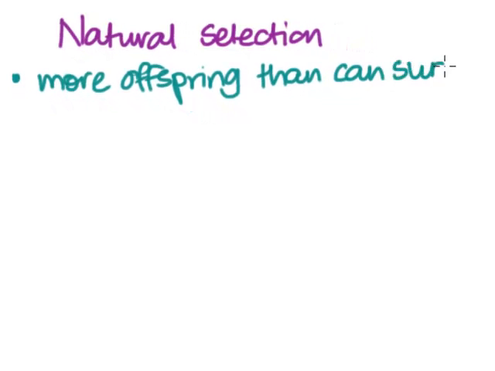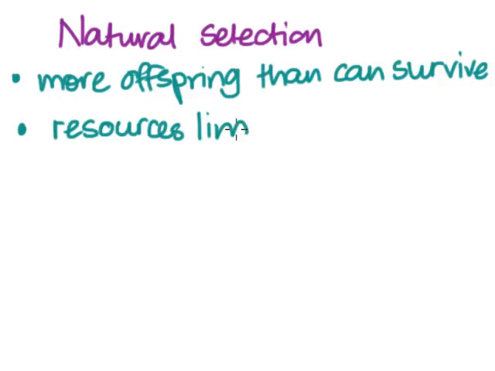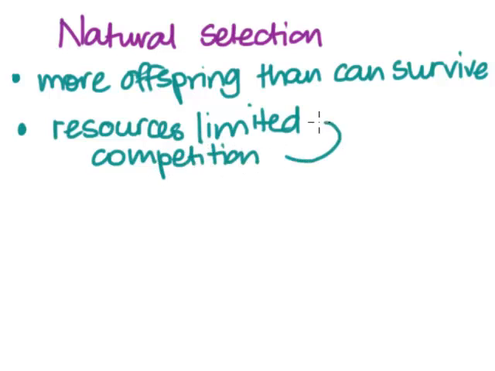Only a limited number actually survive in order to go on and produce more offspring of their own. And the reason for this is that there are limited resources in the environment, and there is competition amongst the organisms for those limited resources.